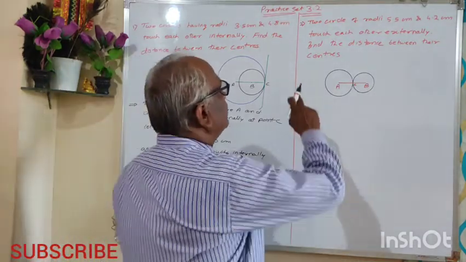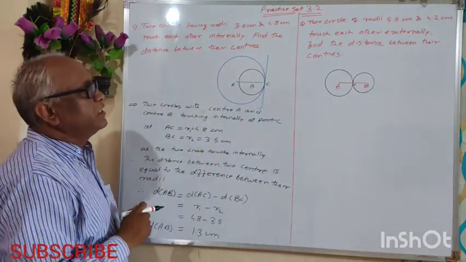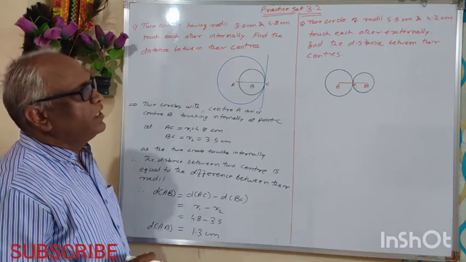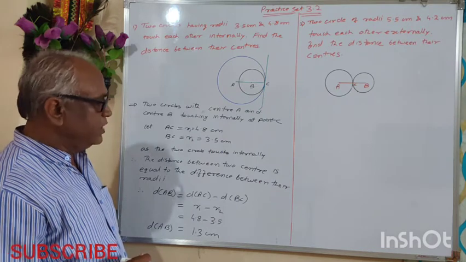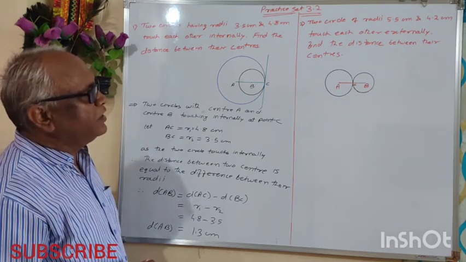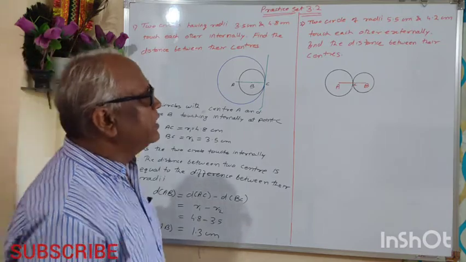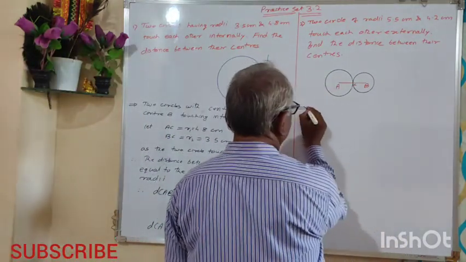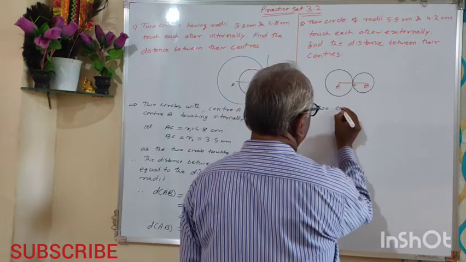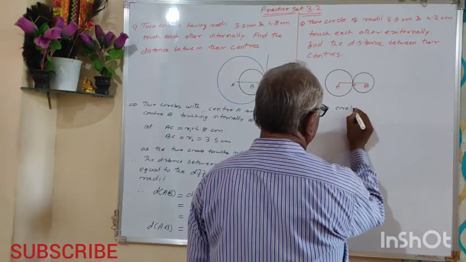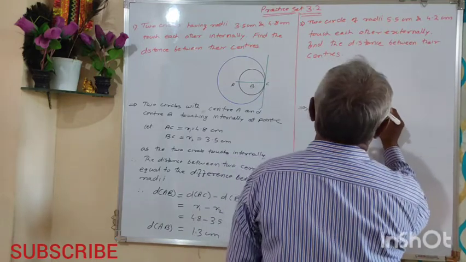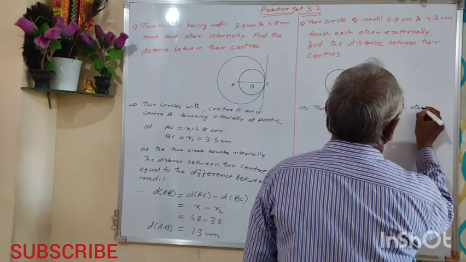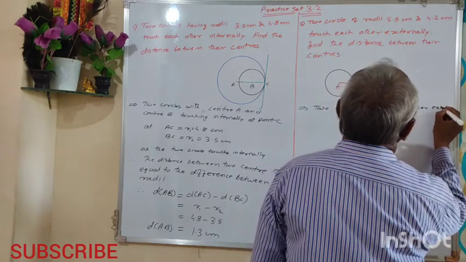Now here the second example is there. The circles of radii 5.5 centimeter and 4.2 centimeter touch each other externally, then find the distance between their centers. Now here two circles touch each other externally.